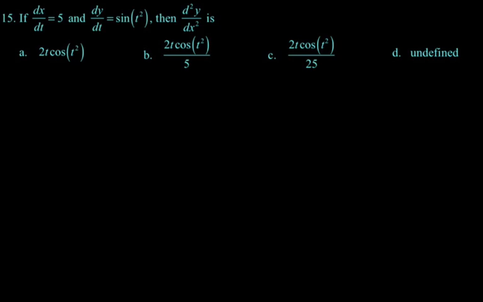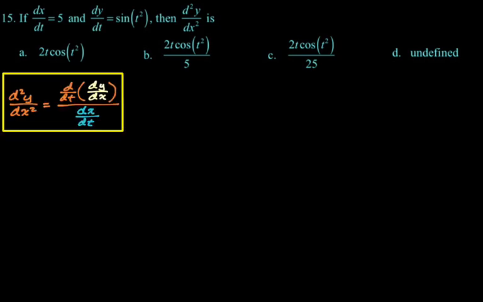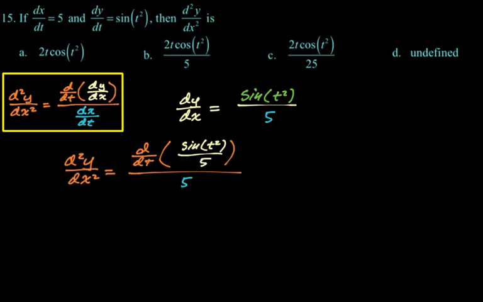So what we need to do is remember this formula and know that there's a dy/dx in it, so I need dy/dx. dy/dx is dy/dt over dx/dt. So dy/dx is sine of t squared all over 5. Now for my second derivative, I'm just plugging into the formula, and I need to actually find that derivative.